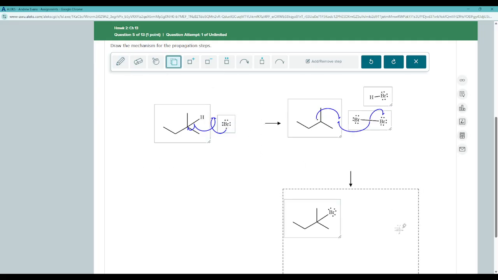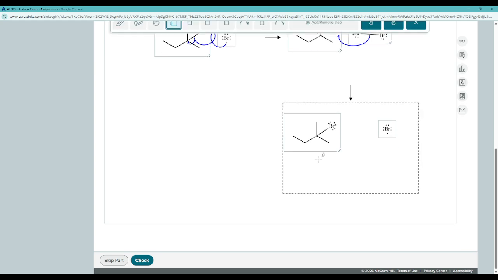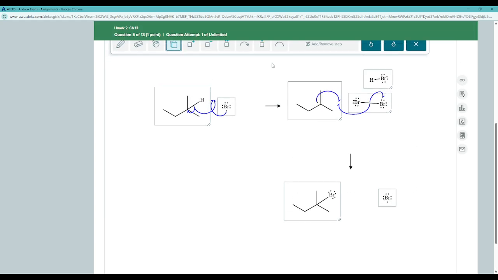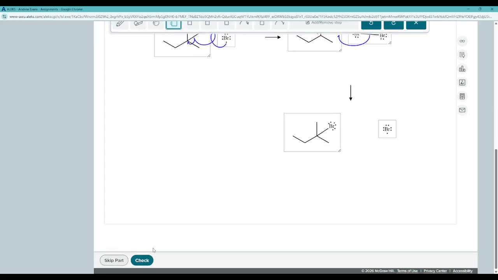And there's the propagation. I've taken a radical, generated the radical alkane, and then I brominated, generating a new radical.